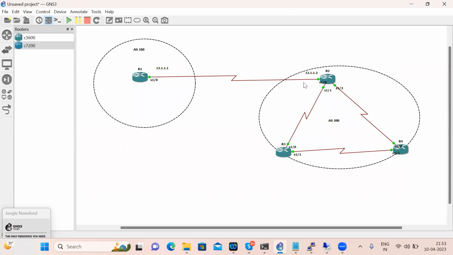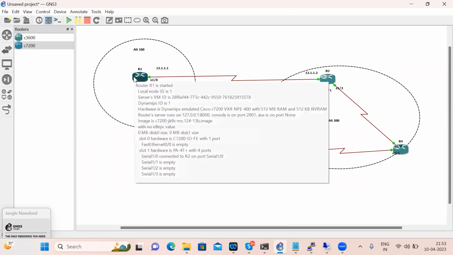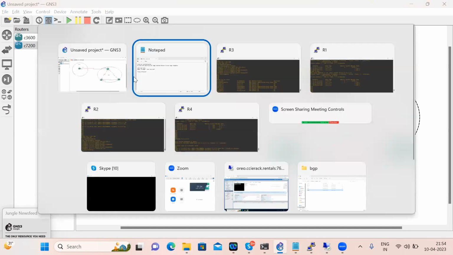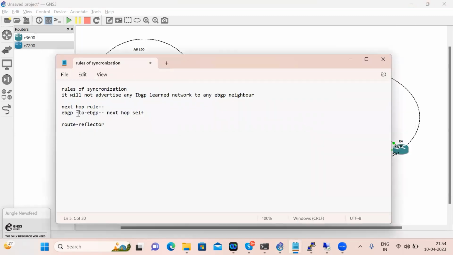Router 1 to router 2. They two are each other's eBGP neighbors. So whenever routes are exchanged from an eBGP to an eBGP neighbor, the next hop is self. The next hop is self.